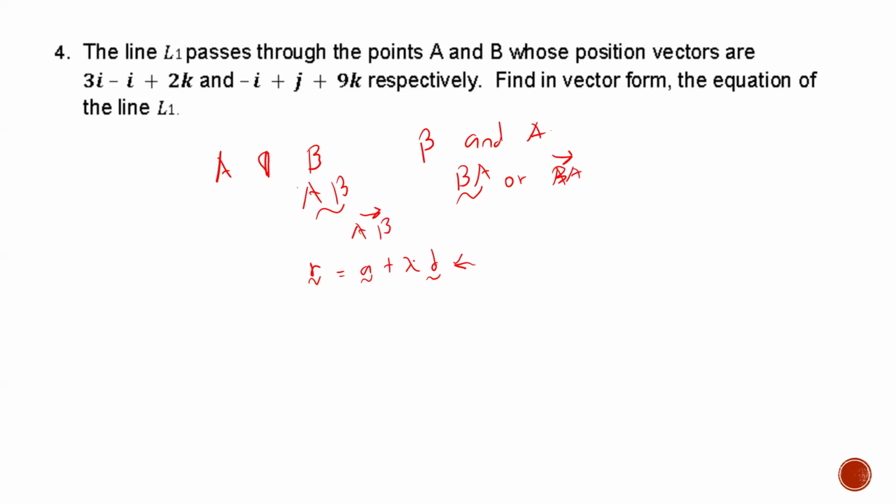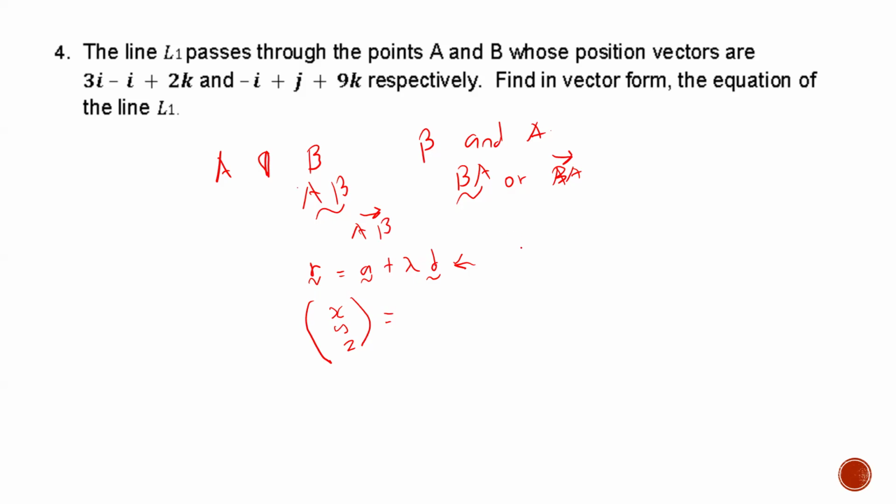Now to begin, because r is a general point on this line, I have x, y, and z. And like I've told you, it's good to take the direction as AB, meaning the known point a should be the first point you're given.